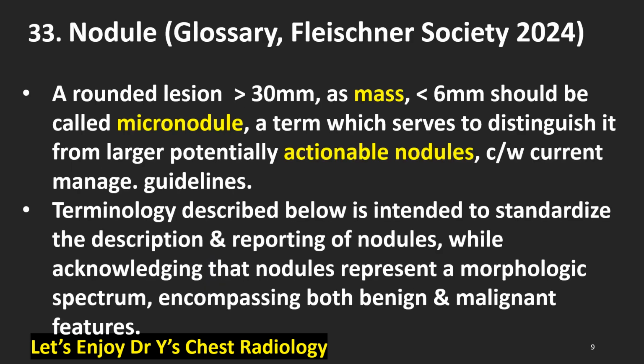According to the Fleischner Society Glossary 2024, a rounded lesion bigger than 30 mm is a mass. Less than 6 mm should be called a micronodule, a term which serves to distinguish it from larger, potentially actionable nodules, with or without current management guidelines.